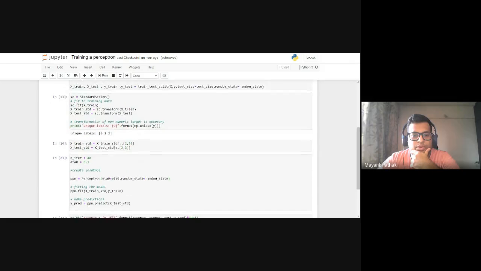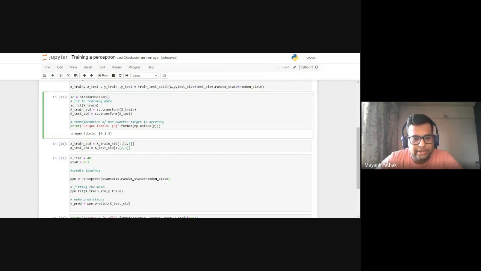And we have used one inbuilt function called standard scaling. It fits all the data into uniformity. So we used sc.fit on xtrain to make sure that it's all uniform, and then passed that transform onto xtrain and xtest.